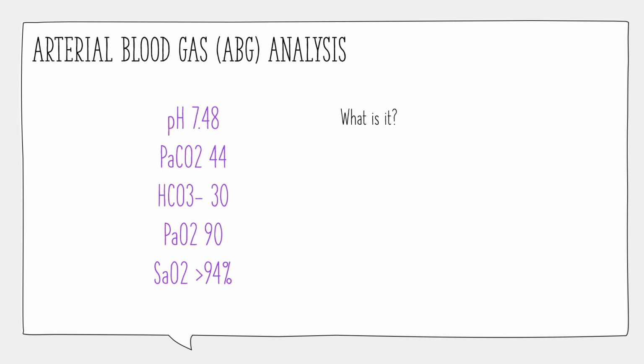The CO2 should be between 35 and 45, so that's within normal limits. It's not a respiratory problem. Then we look at our bicarb, which is 30. We know that 22 to 26 is normal, so 30 is high. And if you look at ROME, respiratory opposite, metabolic equal. So the pH is high, the bicarb is high. You're looking at metabolic alkalosis.